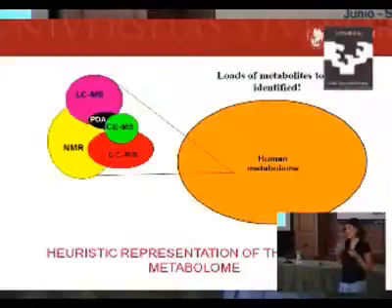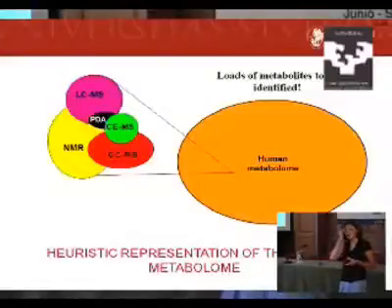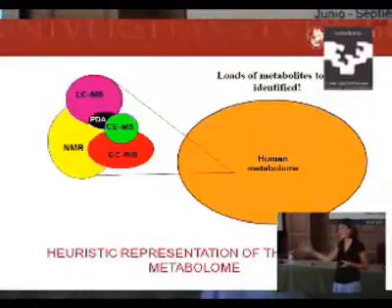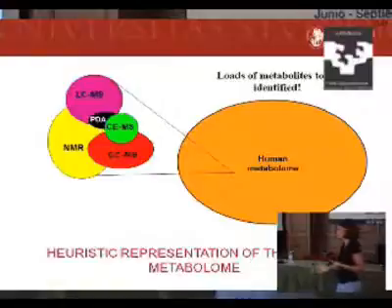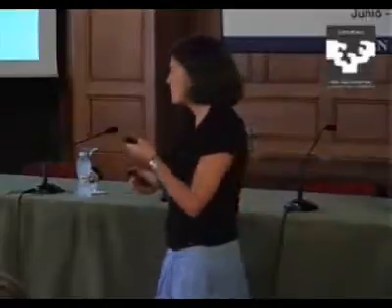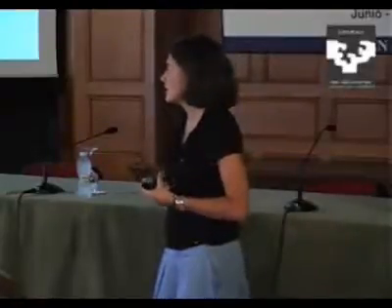But the good thing about metabolomics is that it's a multidisciplinary approach, and of course, no single group can do all the pipeline steps. That's why we need collaboration from the beginning, from the medical doctors and nutritionists that are designing the study. Then we need analytical chemists to perform all the analytical measurements.